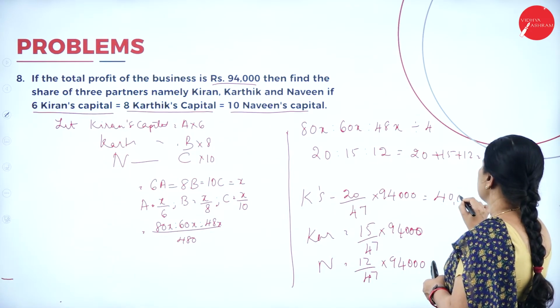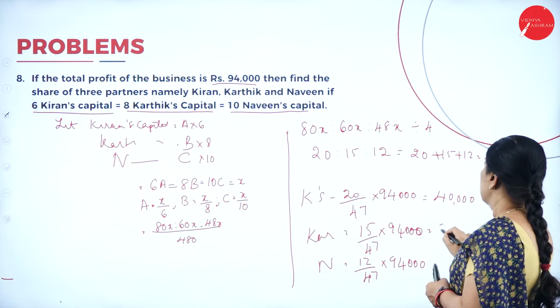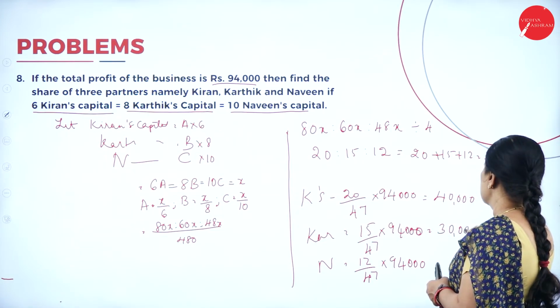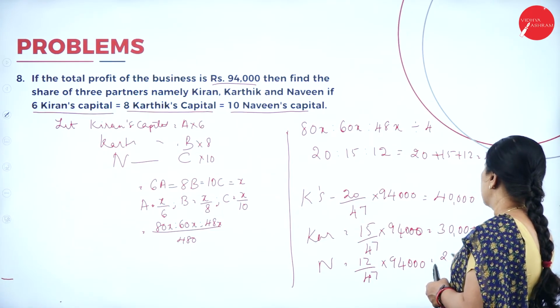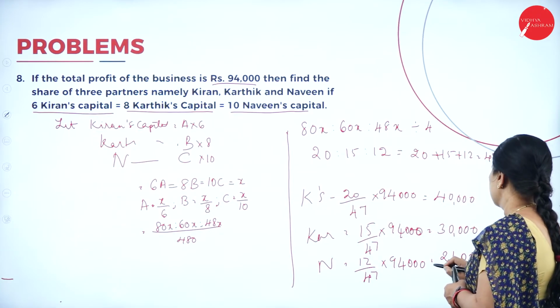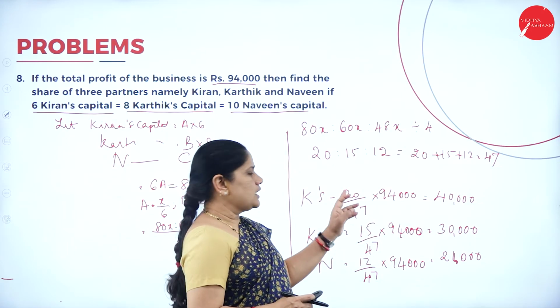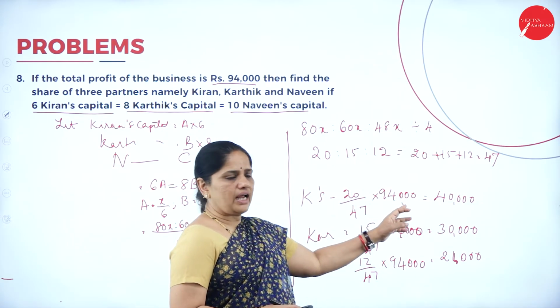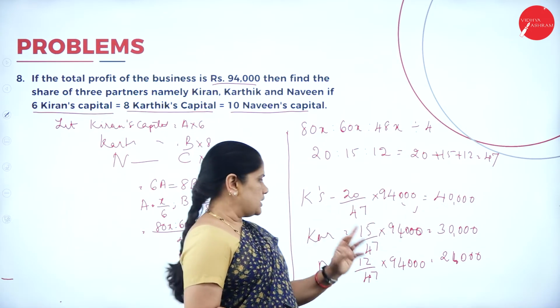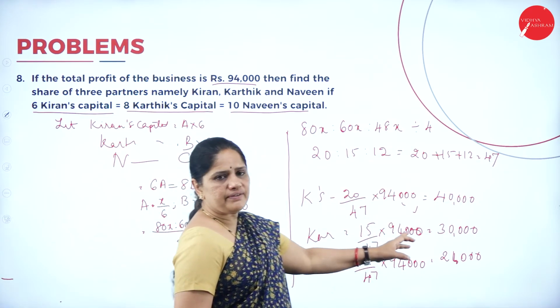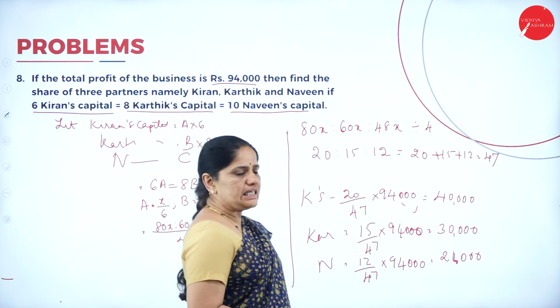When we simplify all these terms, 20 by 47 into 94,000, I get 40,000. 15 by 47 into 94,000, I get 30,000.